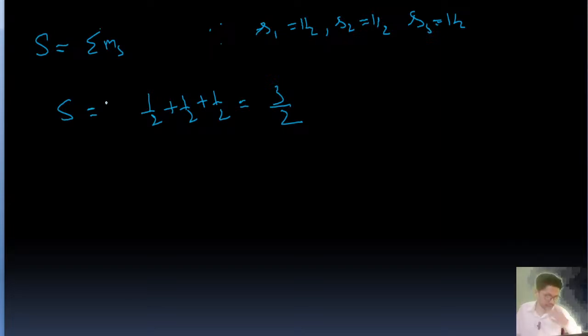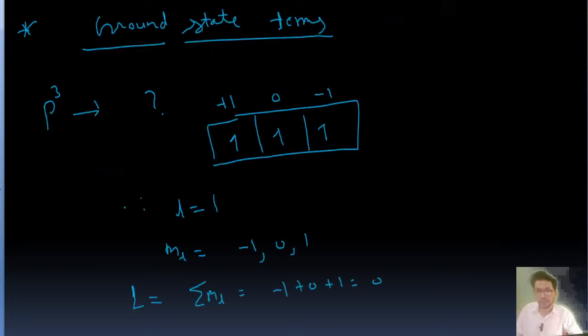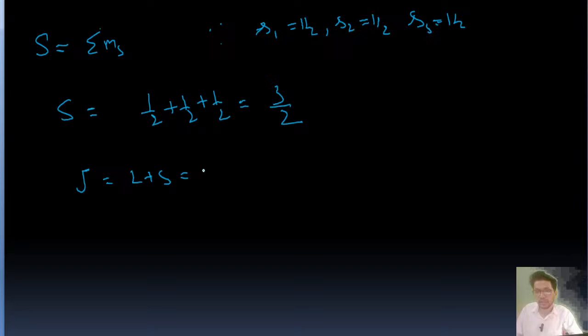So J value is going to be L plus S, and here L value we have 0, so 0 plus 3 by 2, that is 3 by 2. So the ground state term is going to be as follows.